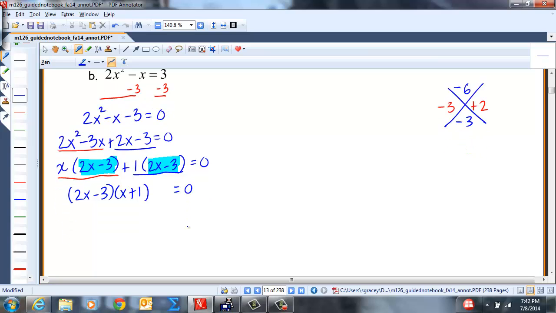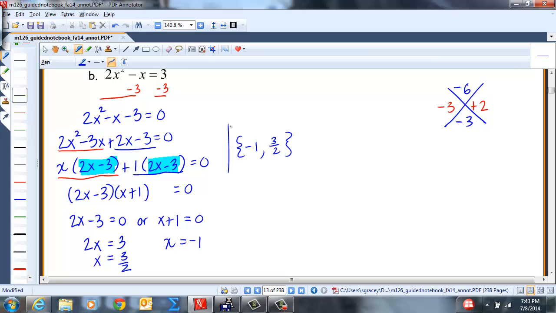Using the zero product property, we'll have 2x minus 3 is 0, or x plus 1 is 0. 2x will be 3, so that would give us x is 3 halves, or x is negative 1. We got two distinct solutions that satisfy the equation, so we will write them like this.